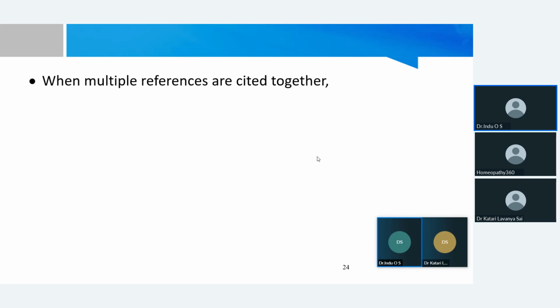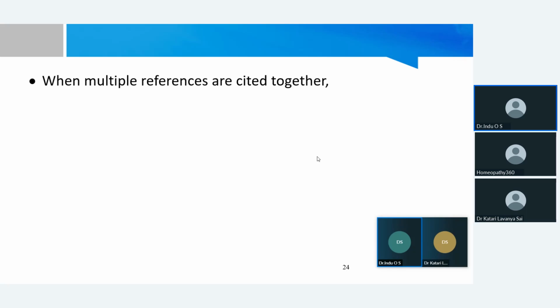So example, something was discovered, full stop, then you give superscript 1, 3. Suppose if you are taking from 1, 2, 3, you can give 1 hyphen 3. So 1, 2, 3 are all included under this referencing. But if only 1, 3, it means only the first and third references mentioned under the reference list are considered for this particular point.